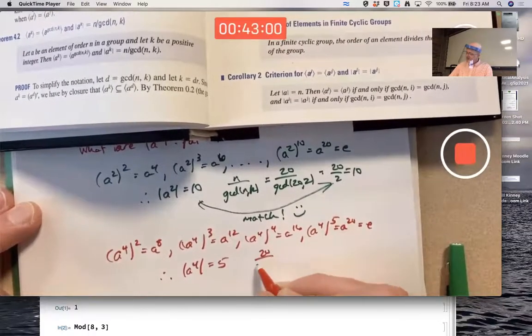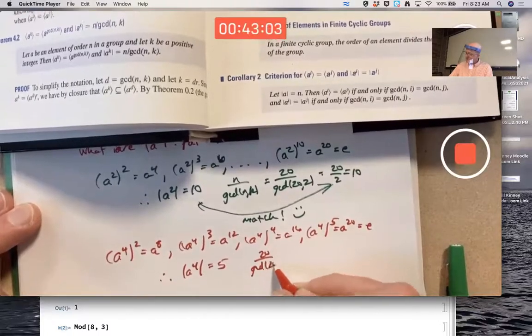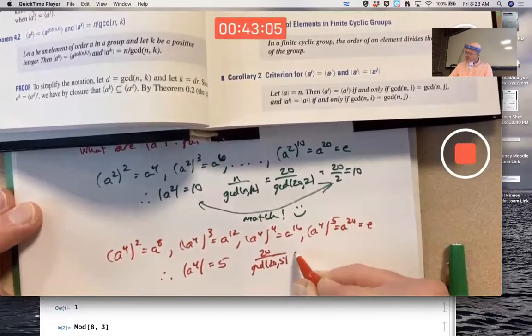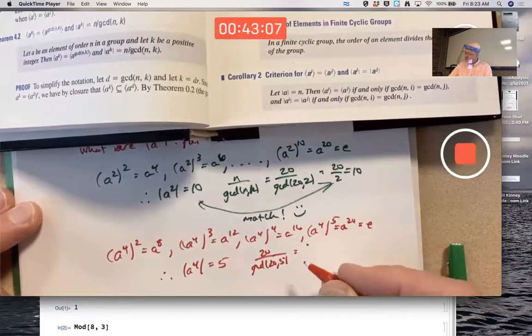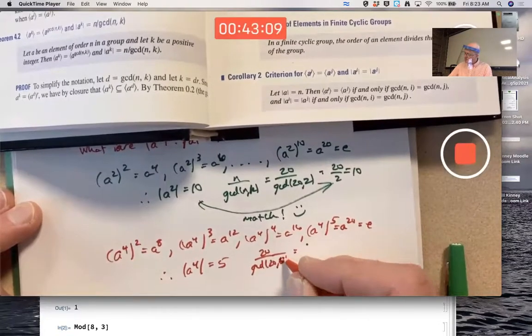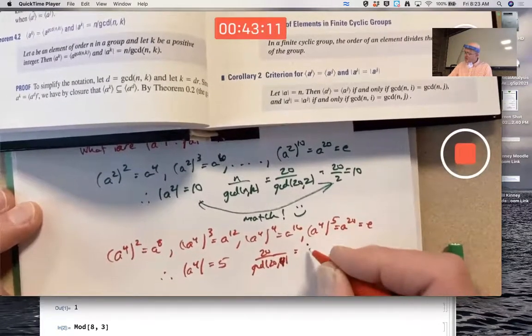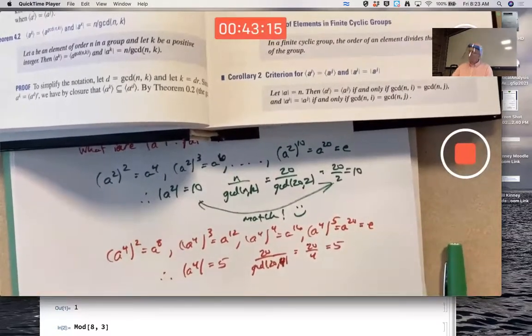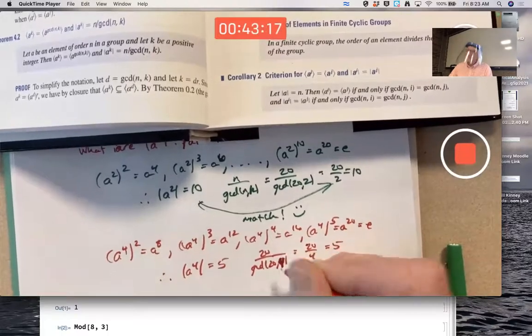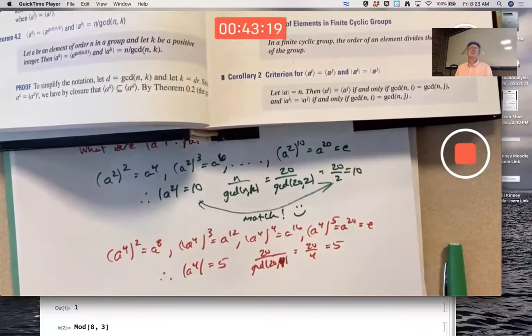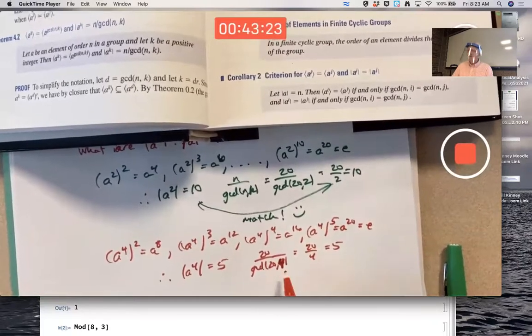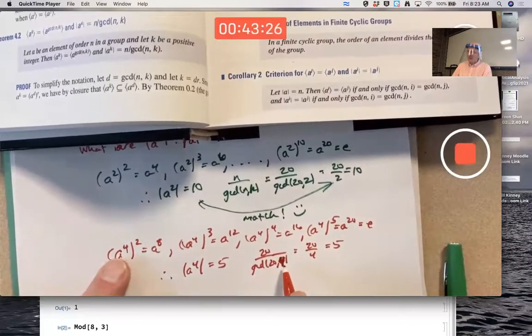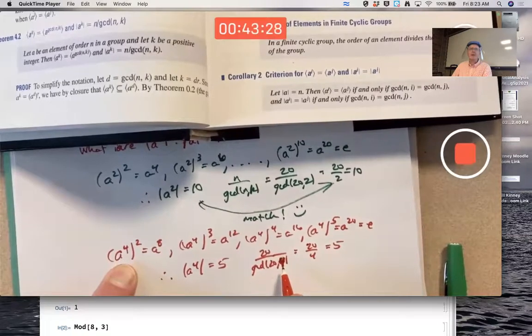What's 20 divided by the GCD of 20 and 4? K is 4, excuse me. 20 divided by 4 is 5. It's easy to get mixed up. I almost wrote a 5 there instead of a 4. But k here is 4 because it's the power of a that we're thinking about.